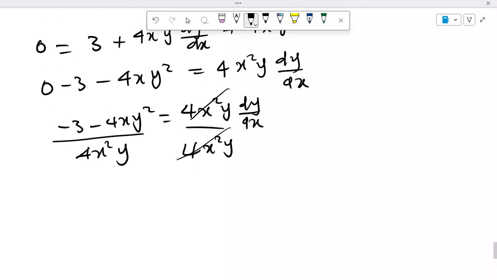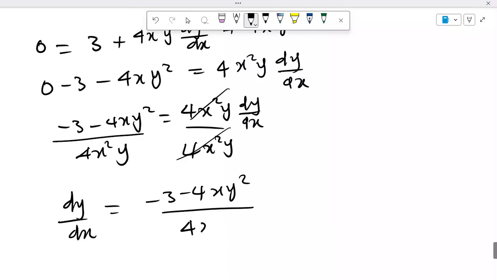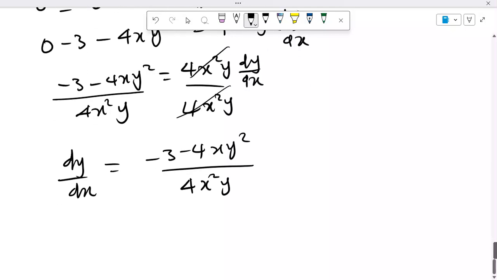So you divide by this 4x squared y on both sides. So dy/dx equals negative 3 minus 4xy squared over 4x squared y. To keep it clean, we can take out the negative outside, so we say negative here, then this is 3, then this is plus.